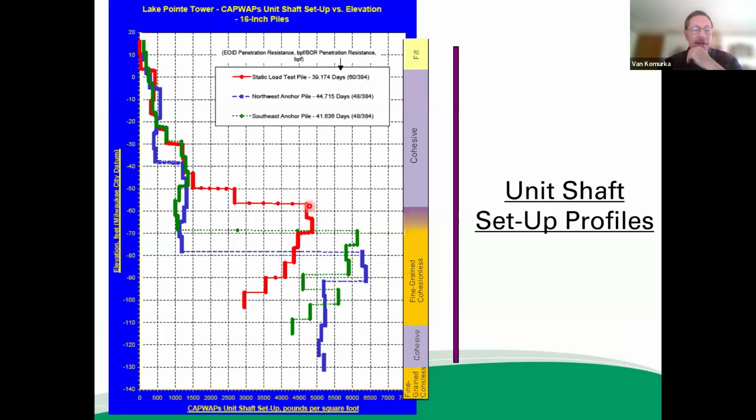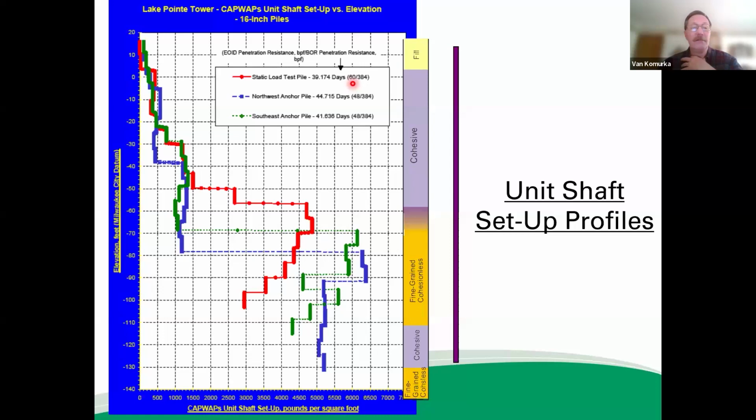And you might look at, say, this unit setup profile and say, oh, this is dropping off. We're losing setup as we go through these deposits. Well, in the legend, after each pile is identified, there's two numbers plotted. The end of drive, and I apologize, this arrow doesn't quite line up.